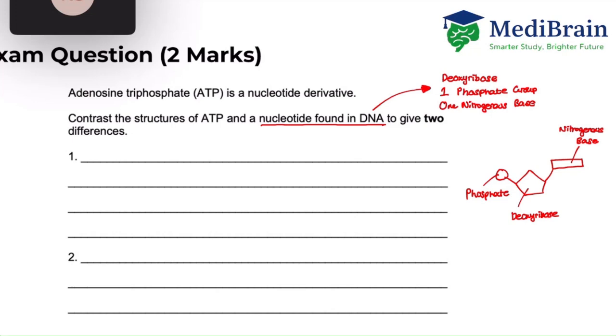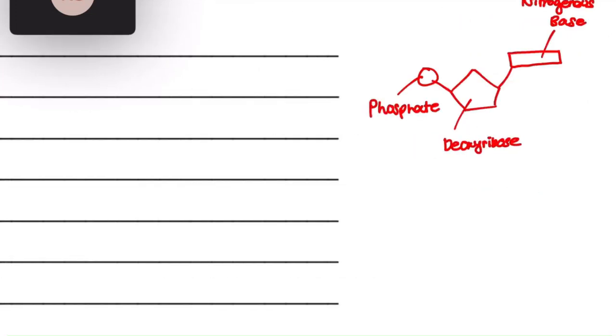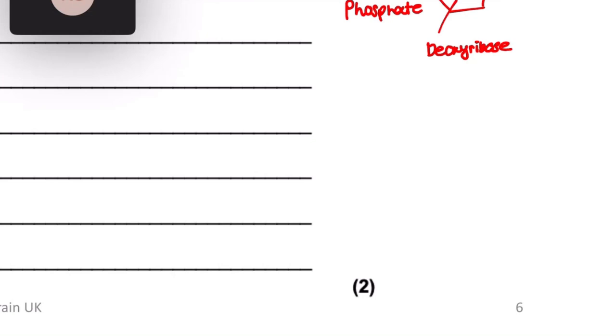Now we need to look at the structure of ATP. Now remember, ATP is adenine triphosphate. So we're gonna have a ribose. We're gonna have adenine, and we're gonna have 3 phosphate groups.